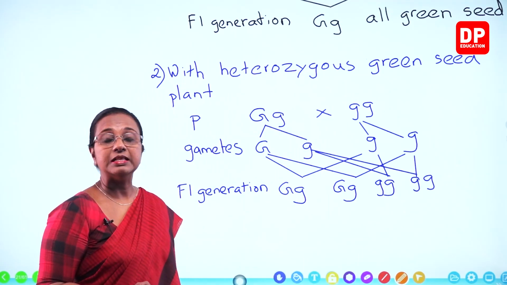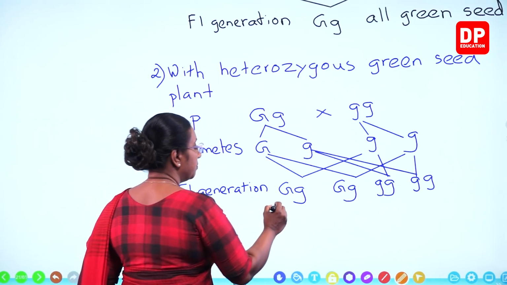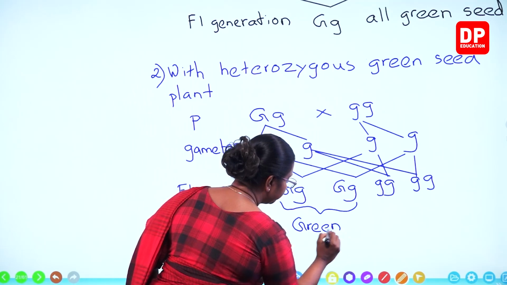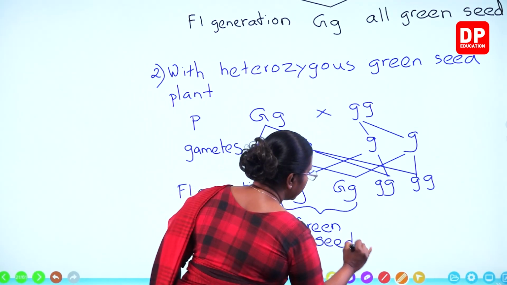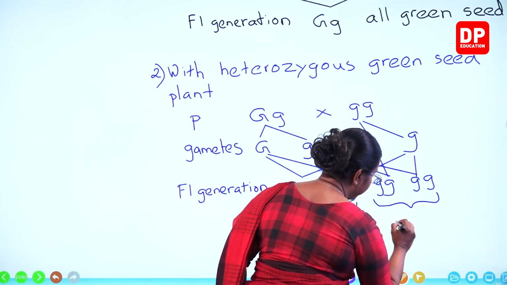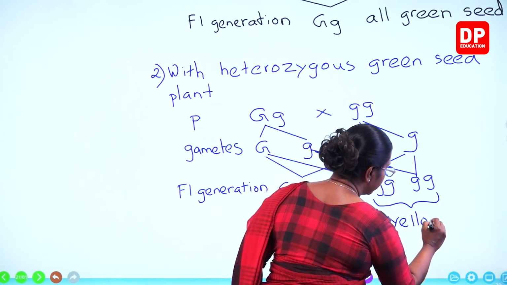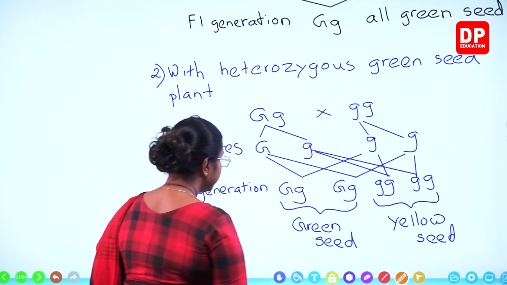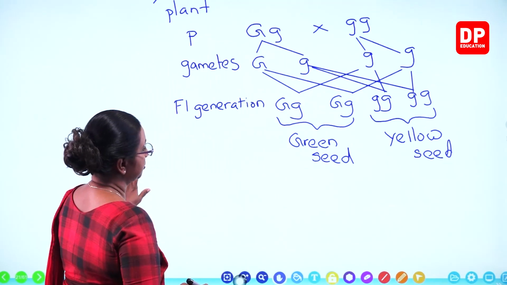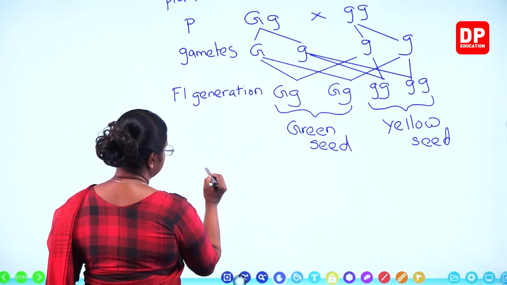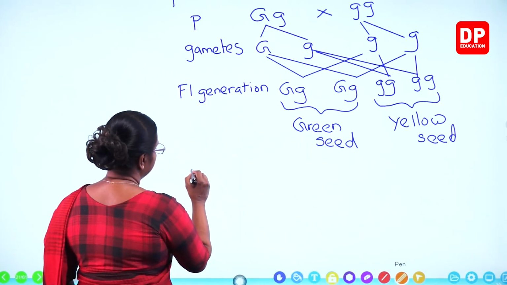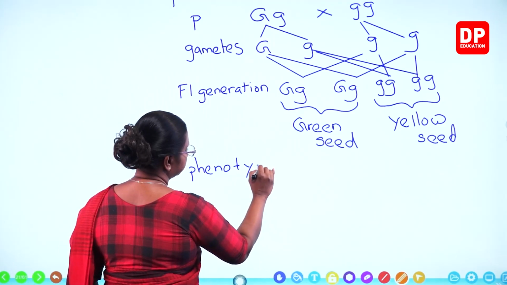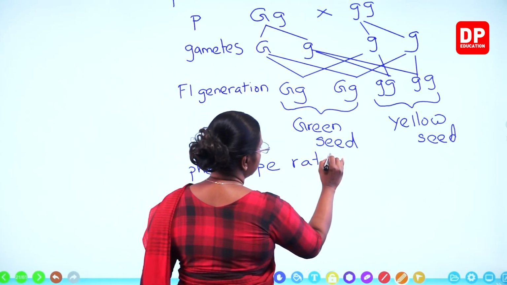So what will be the phenotype? Both of these will have green seed and these two will have yellow seed. So what is the phenotype ratio?